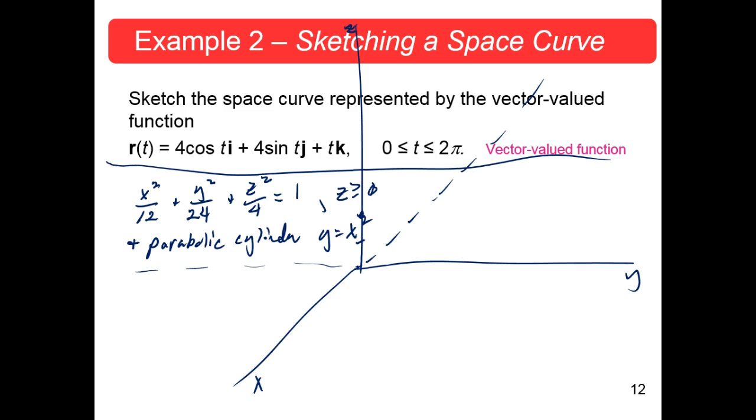Root 3 is about 1.72, so that is about 3.4, and x and y can both be negative, so you also have another point back here.